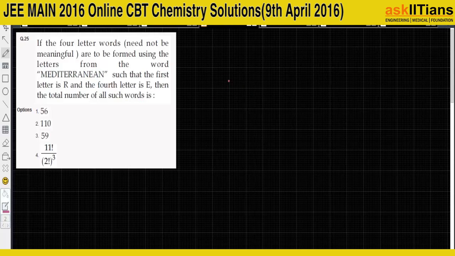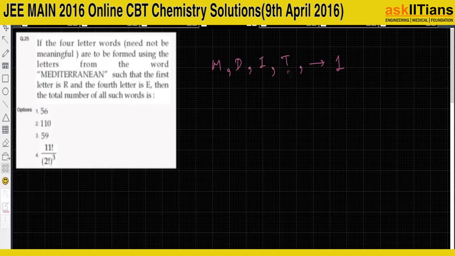So I have to form a 4-letter word. Okay, so I have this word. Let me count the letters which are present. M is present one time, D is present one time, I and T also.